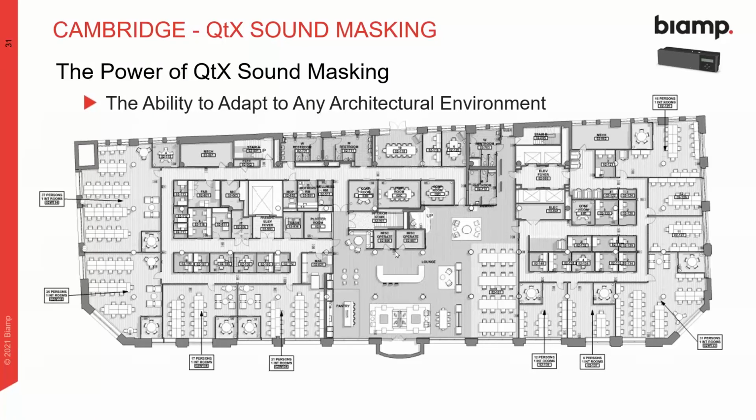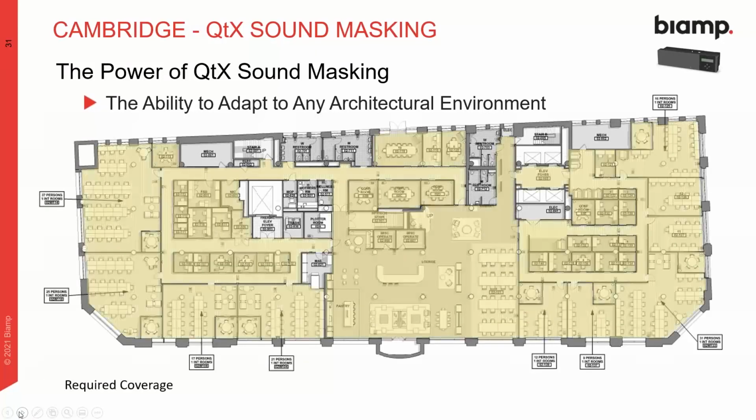And for the purpose of application today, I'm going to act as the sound masking design team designer, and I'm going to look at this floor plan that you hypothetically have sent in, and you're going to have marked up the areas for me to say, hey, I need these areas as required coverage in this sound masking system for this floor.